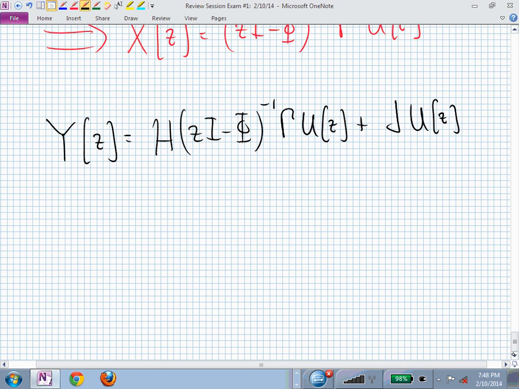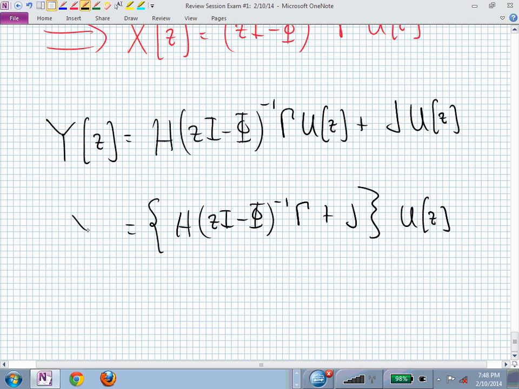And if we factor out the u of z, there's the formula that we were wanting to get before.